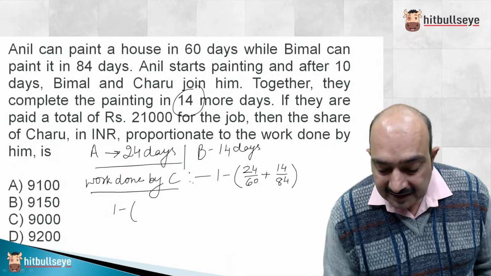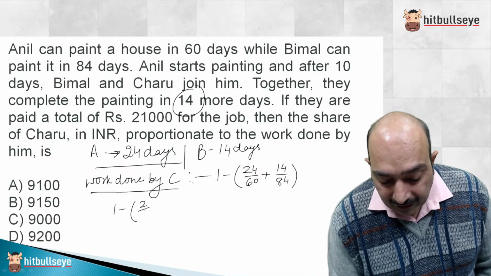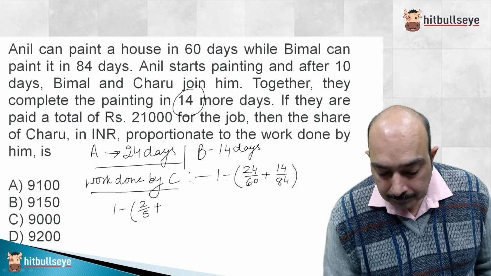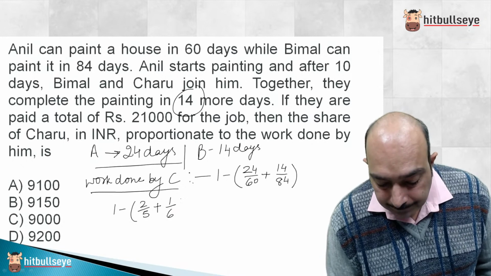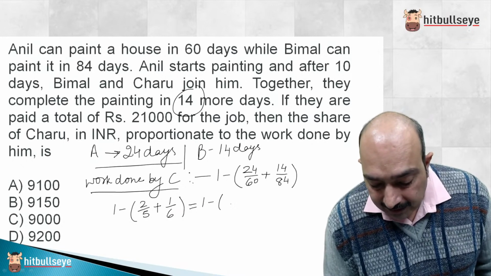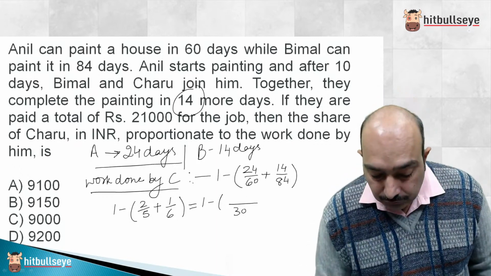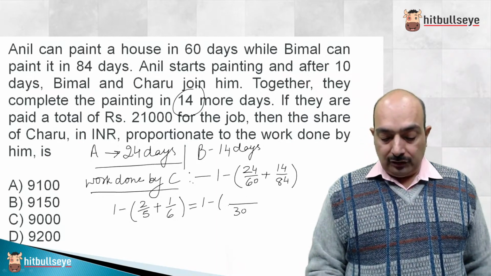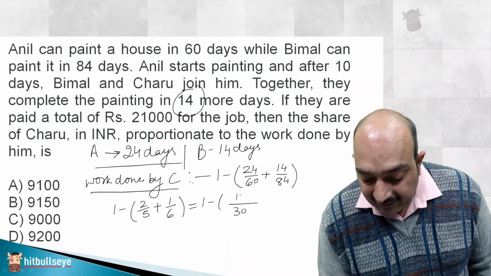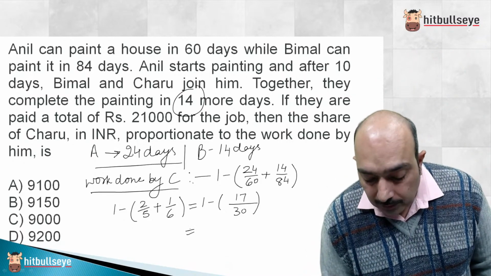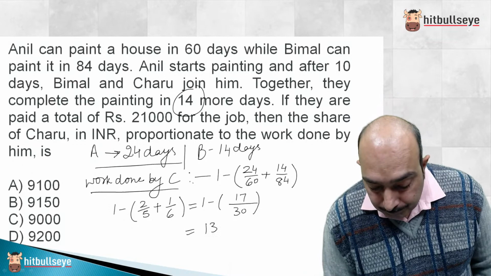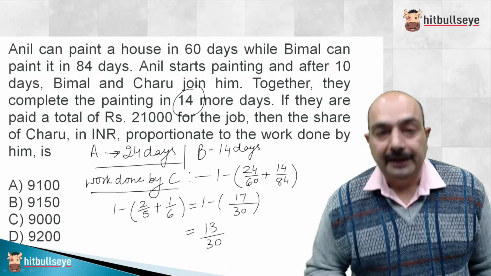So let us solve this. 1 minus, this is 2 by 5 plus 1 upon 6, which equals 1 minus, LCM we know is 30. So this would be 12 and 5, 17, which means the work done by C is 13 by 30.